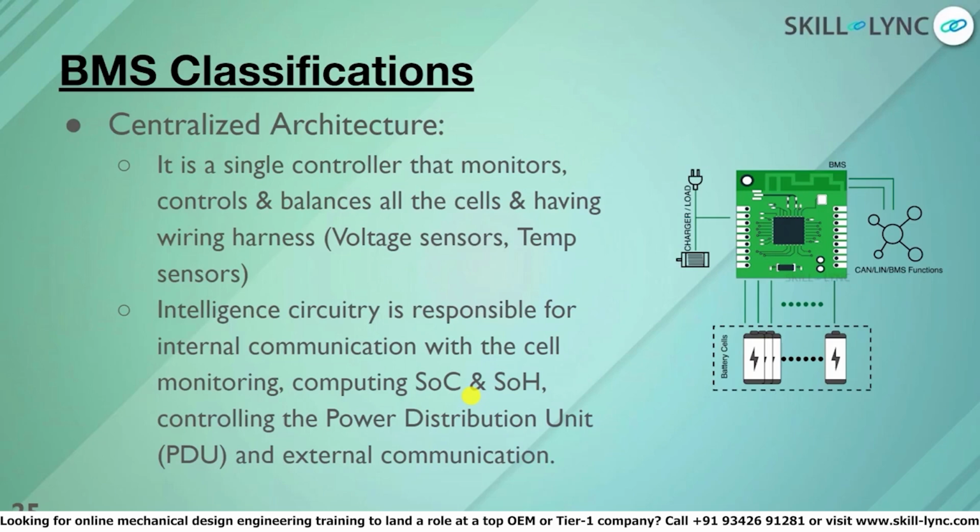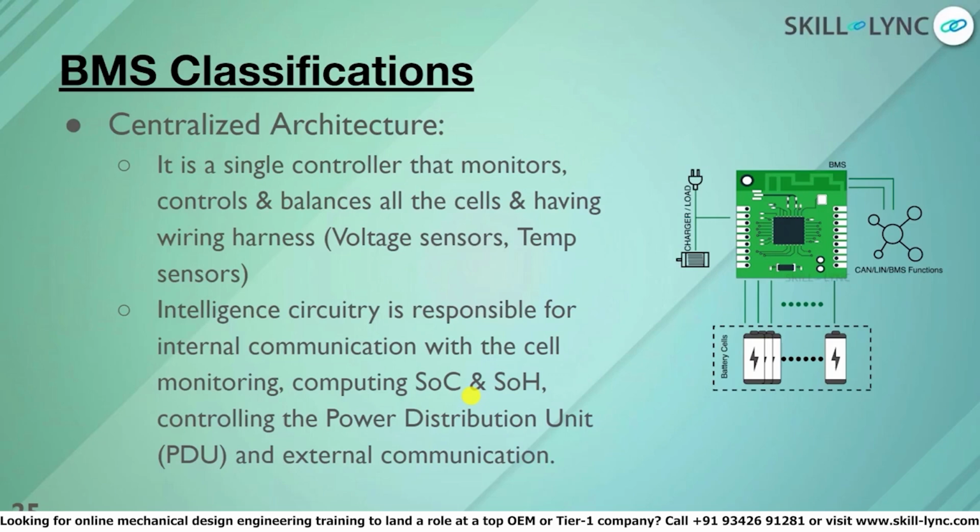It has all the monitoring and controlling required for the pack on the same board. So the single board houses voltage sensors and temperature sensors, which are used for regulating and calculating SOC and SOH of the battery pack. It senses all the voltages of the cells. It monitors, and it also performs the cell balancing of the cells.